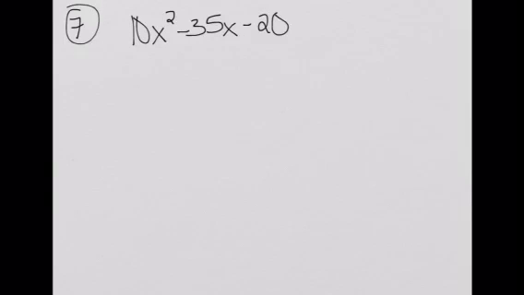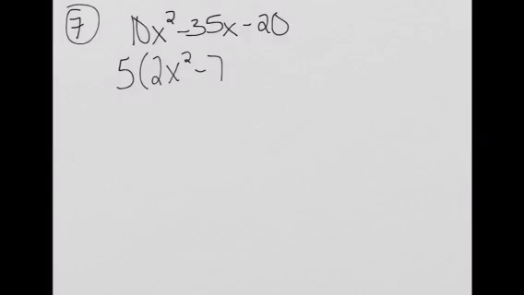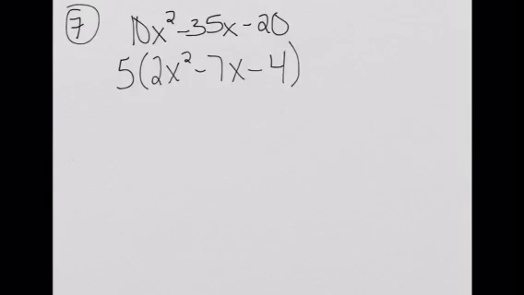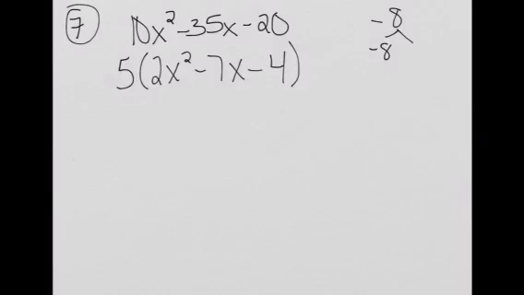Alright, number 7, we're asked to factor. The first thing I notice is they have a GCF, and so I want to take that 5 out first. Factoring the 5 out leaves me with 2x squared minus 7x minus 4. Now if we look at what's inside the parentheses, that might factor even further, so we want to try our Chuck Norris method. We're going to do 2 times negative 4, which gives me negative 8. Now I'm looking for 2 numbers that multiply to give me negative 8, but add to give me the negative 7 in the middle, and that's negative 8 and positive 1.